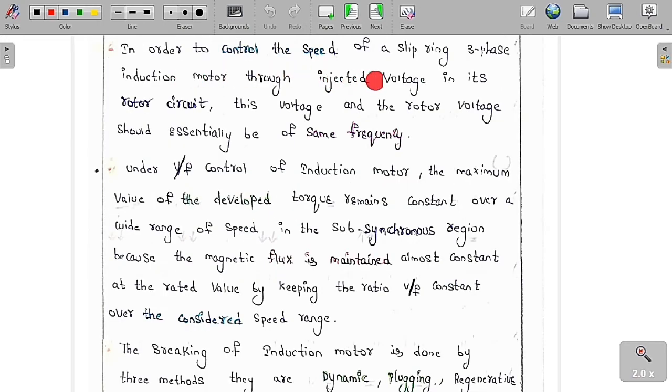In order to control the speed of a slip ring three-phase induction motor through injected voltage in its rotor circuit, this voltage and the rotor voltage should essentially be of the same frequency.